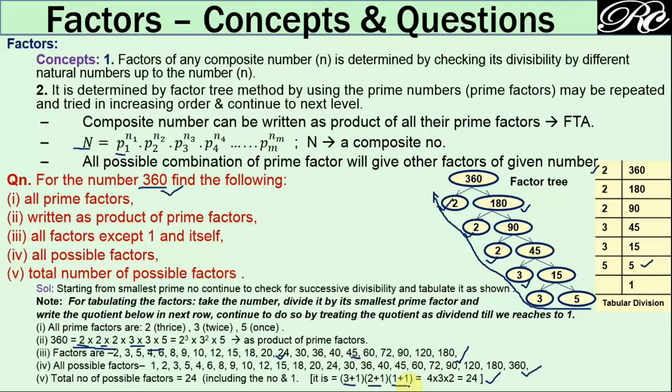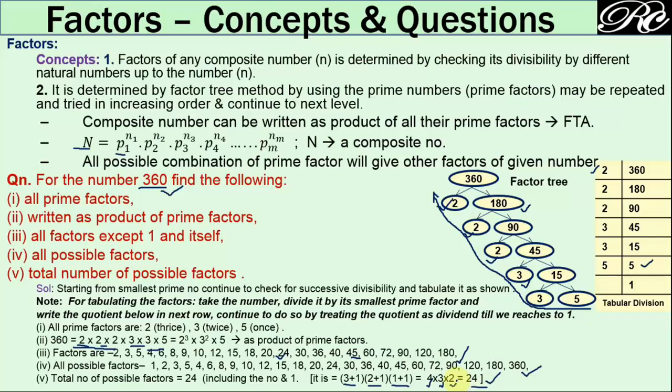Say for 2 the exponent is 3, so increase this 3 by 1, you will get 4. For prime factor 3, the exponent is 2, so increase it by 1, you will get 3. Then for factor 5, the exponent is 1, increase it by 1, you will get 2. Multiply these 4, 3 and 2, you will get 24 as the total number of factors.